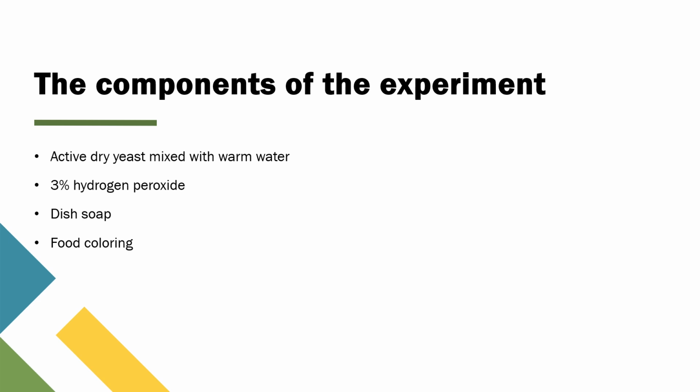And of course, you wouldn't use a stronger hydrogen peroxide for anything like that, as it would actually damage the tissues. So the only thing they had for wound care was 3%, which made the reaction a little bit sluggish. Just had regular dish soap and then food coloring.